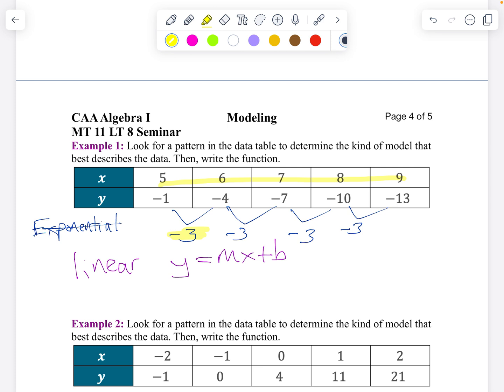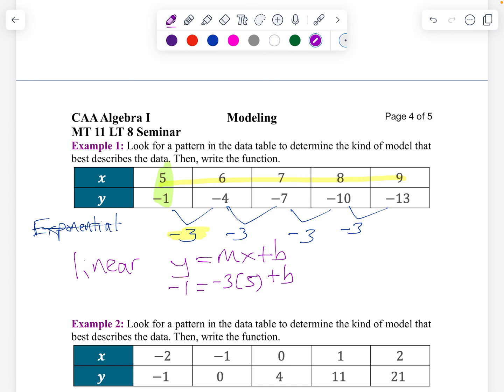I like the first one because I like working with smaller numbers, but it doesn't really matter. So in other words, y is -1, m is -3, and x is 5. I could do that with any pair of points I wanted to. I could use 6 and -4, 7 and -7, and so on.